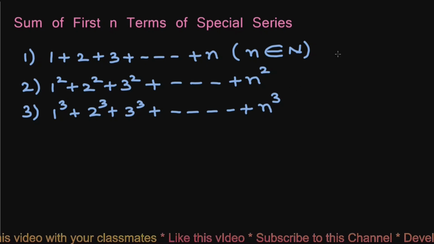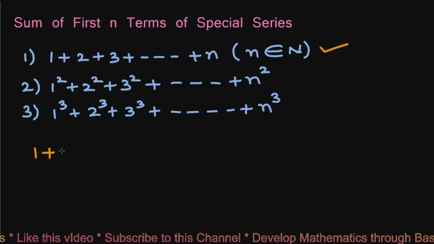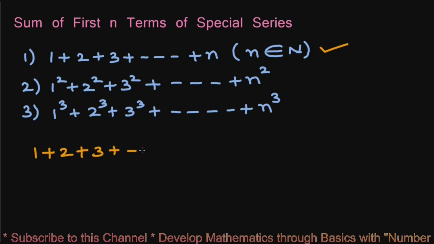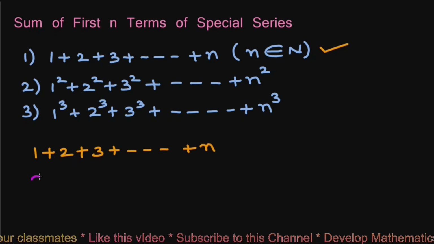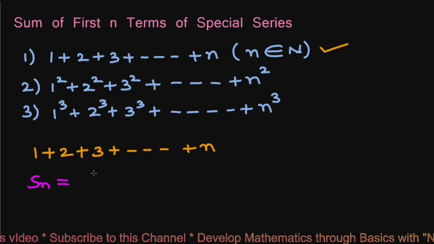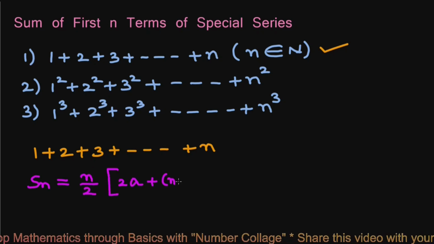Out of these three, let us consider the first one, that is 1 plus 2 plus 3 plus so and so forth plus n. This is the sum of the first n terms of an AP, which is n by 2 into 2a plus n minus 1 into d.